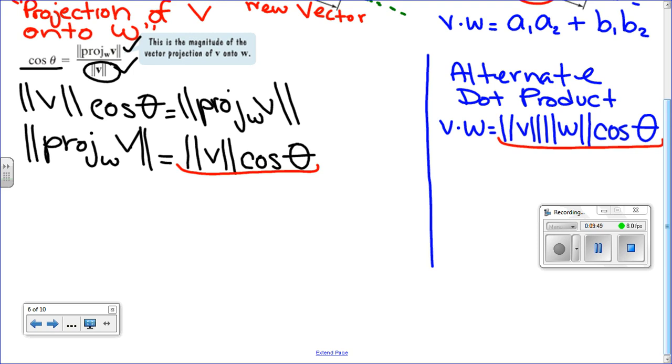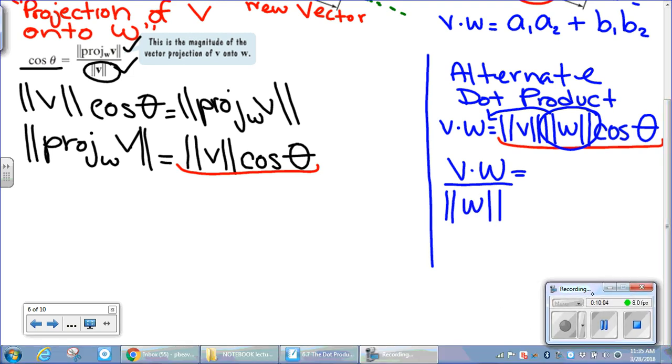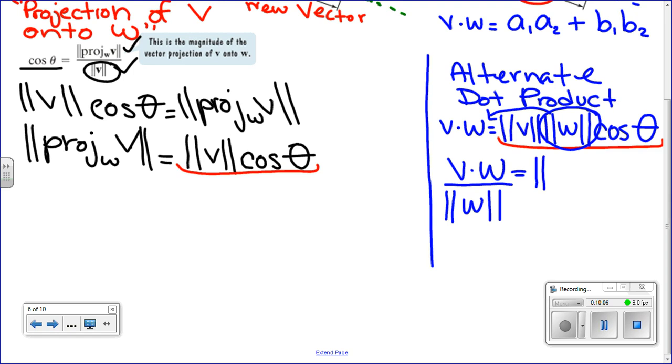So we could leave the dot product here, take the magnitude of W to the left side, so instead of multiplying, it will be dividing. And on the right side, we still have the magnitude of V times the cosine of theta.